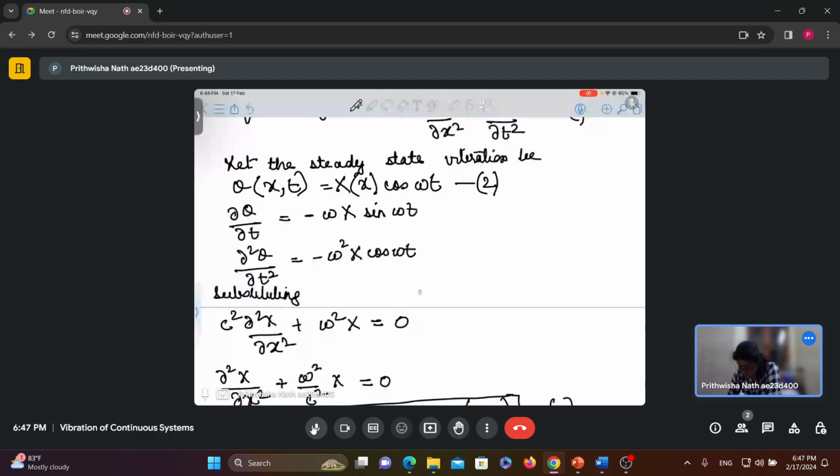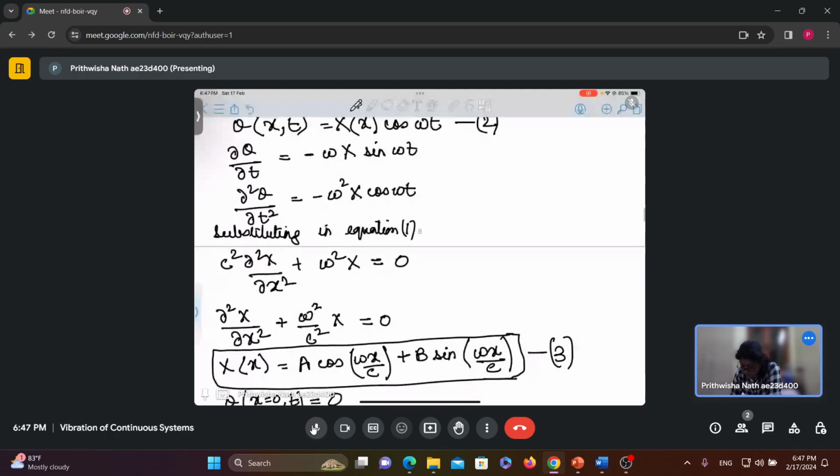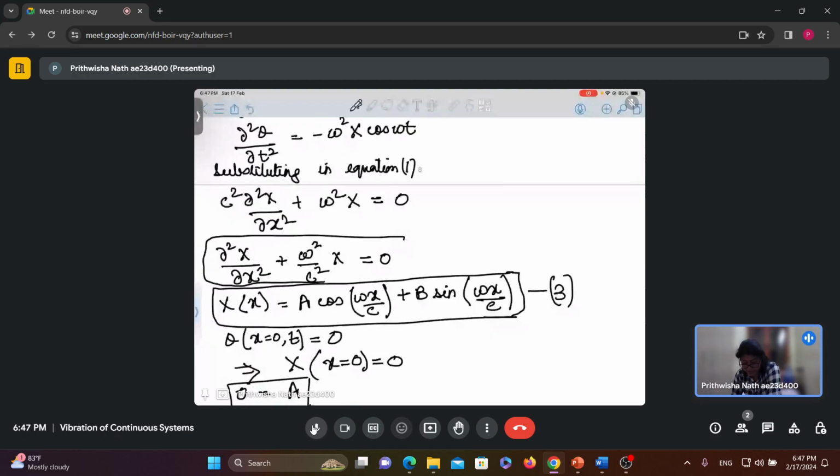I divide by c squared and the final equation becomes like this. So X can be written as A cos(omega x by c) plus B sin(omega x by c).